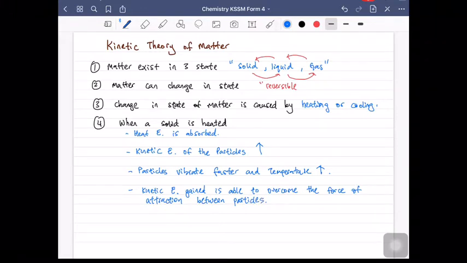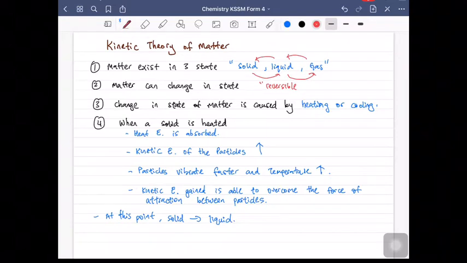And at this point of time, solid change into liquid, and we call it as melting process.